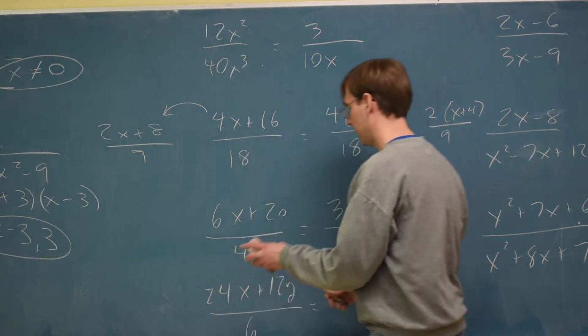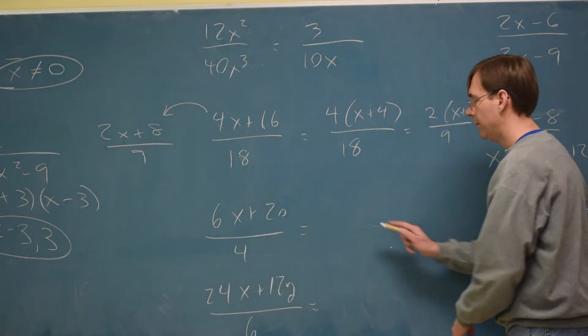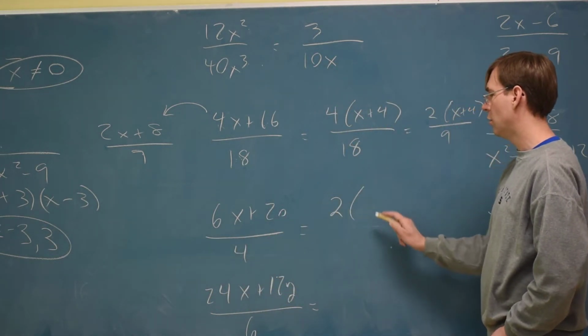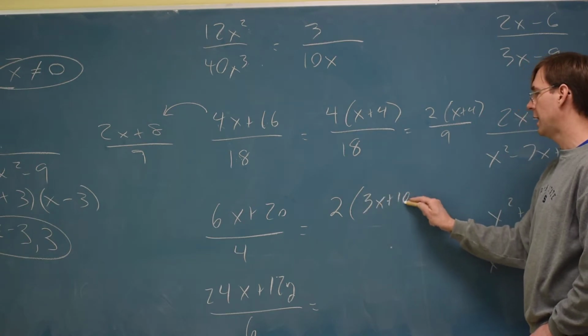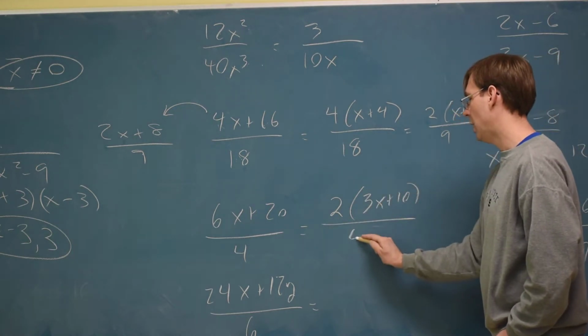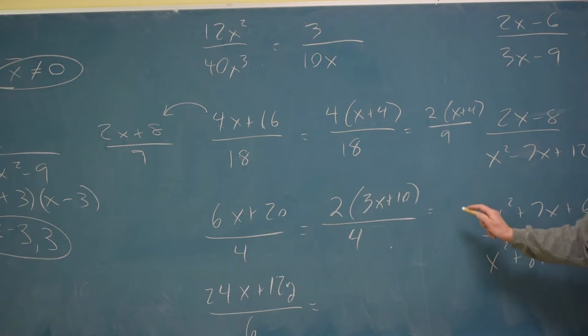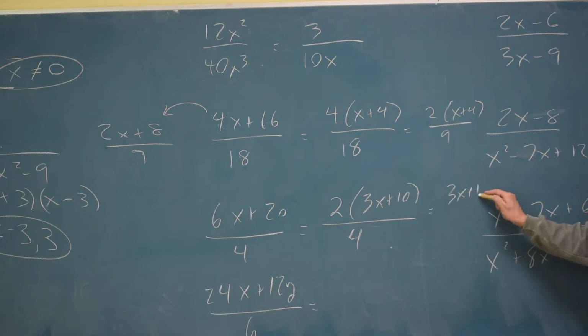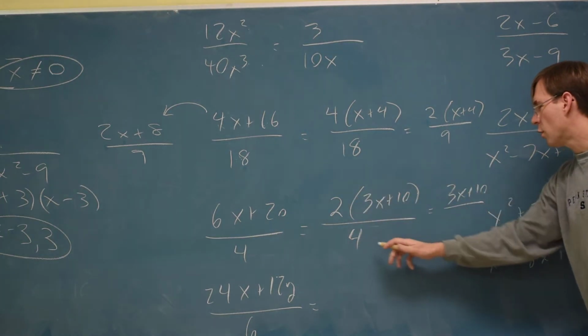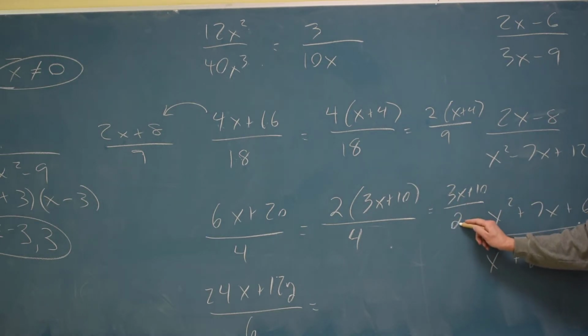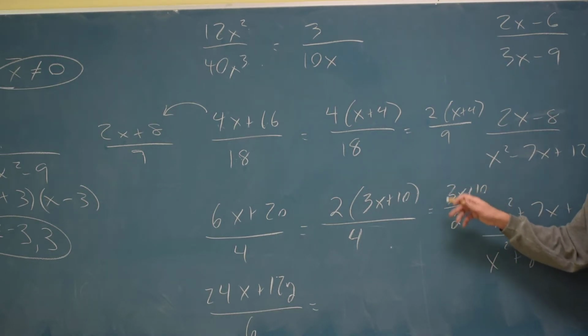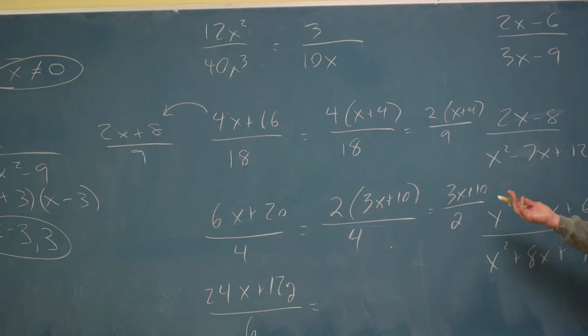That's just a trick, and it's harder to justify. This I can factor a 2 off, 3x plus 10 on top of a 4. 3x plus 10 is stuck. 2/4 can reduce to a half. I only need the 2. The invisible 1 can go invisible. We don't need it. If you put it, it wouldn't hurt anything, but I don't see a use for that.